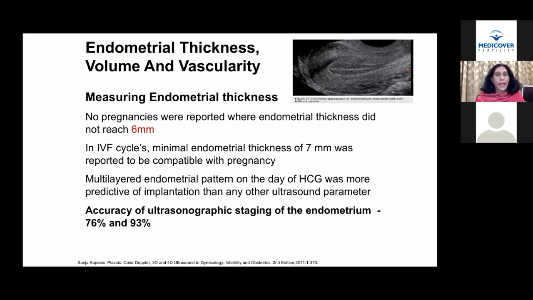And if it is about 6 millimeters or even lesser, then it further decreases, and very few cases are there where pregnancy will occur. The accuracy of ultrasonographic staging of the endometrium is quite good, 76 to 93% sensitivity.